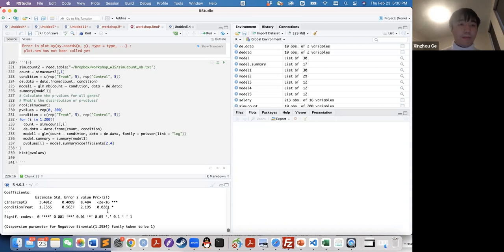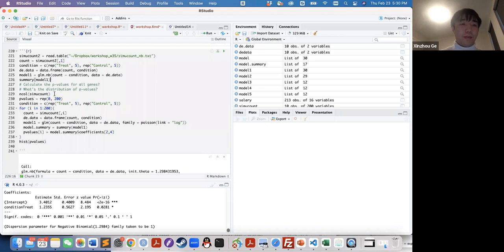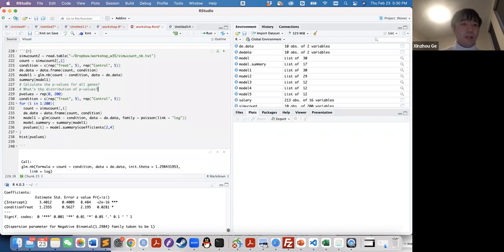And we can also use a for loop to calculate the p-values for all the genes. So first, we can still use similar procedures.